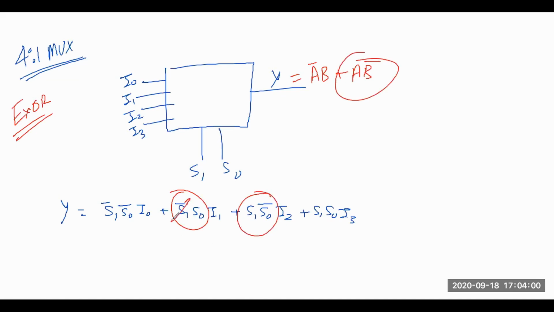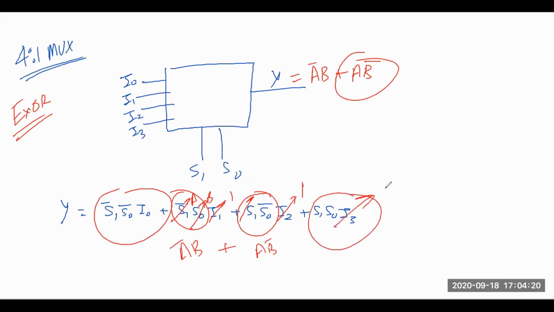If you take S1 as A and S0 as B, and do the same here, you will get A bar B, and here you will get A B bar. I1 needs to be 1 and I2 needs to be 1, so you will get these two things. For removal of the other two things, you can take I3 as 0 and I0 as 0. So this one will become 0 0 and 1 1. This is A, this is B. So simply you will get the XOR gate.